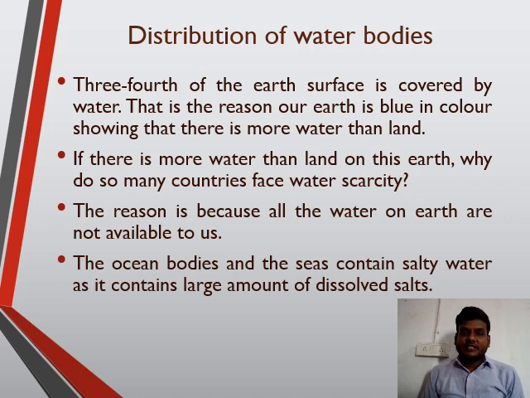Here is the distribution of water bodies. Three-fourths of the earth's surface is covered by water. That is the reason our earth looks blue, showing that there is more water than land.